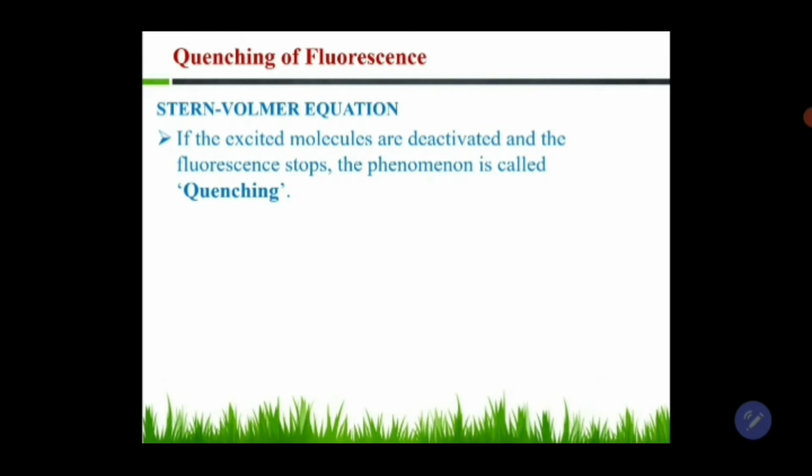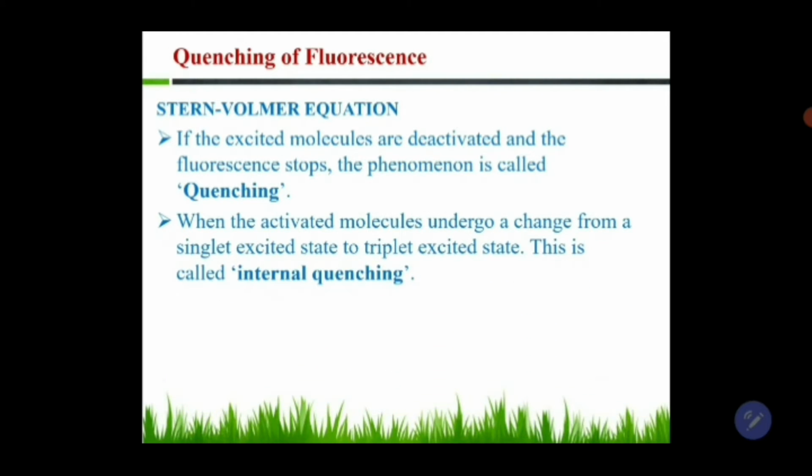There are two types of quenching. One is when the activated molecules undergo a change from a singlet excited state to a triplet excited state. This is called internal quenching. The molecule is getting de-excited, but no radiation will be emitted. So internal quenching means singlet state to triplet excited state.